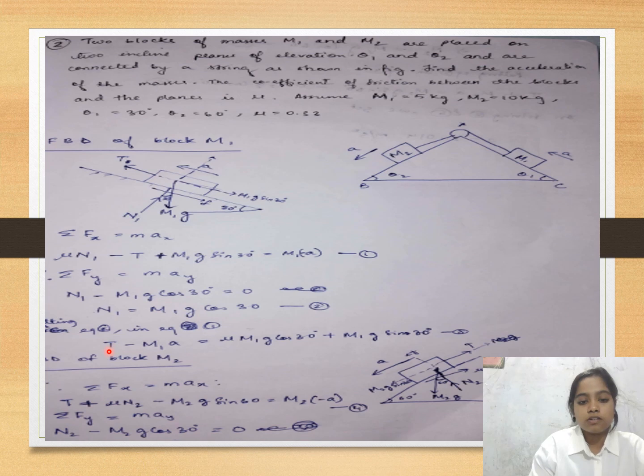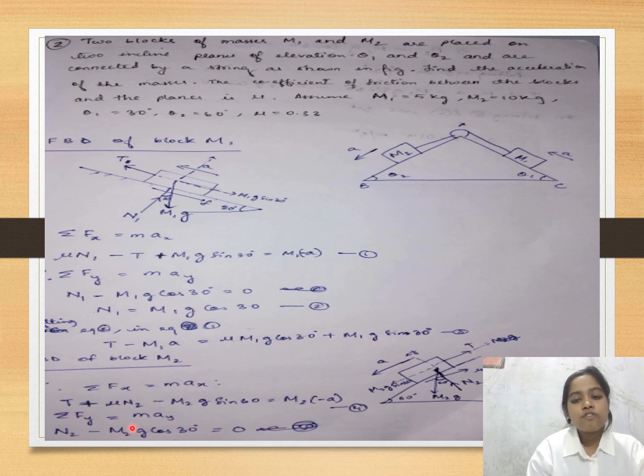Taking these two equations together, we get T minus m1 a equal to nu m1 g cos 30 plus m1 g sin 30.